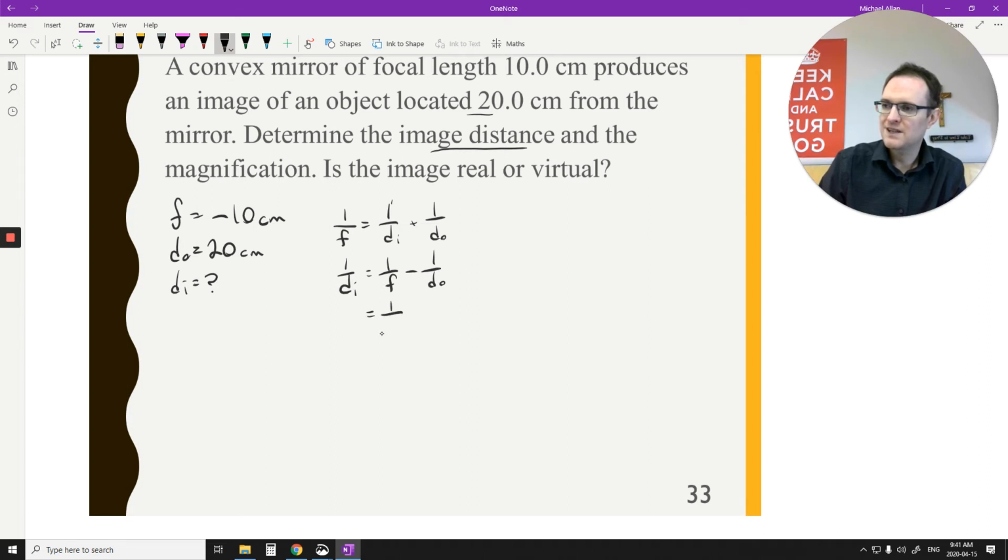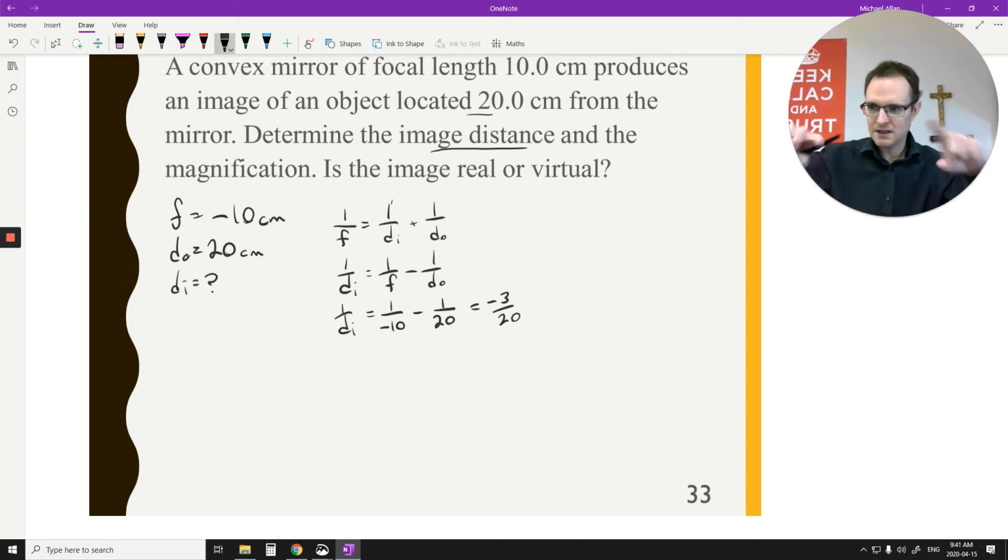This is 1 over negative 10 minus 1 over 20. I'm going to do the math on this one. 1 over negative 10 minus 1 over 20. We get negative 3 over 20 as a fraction. I'm going to flip this over and get DI by itself.